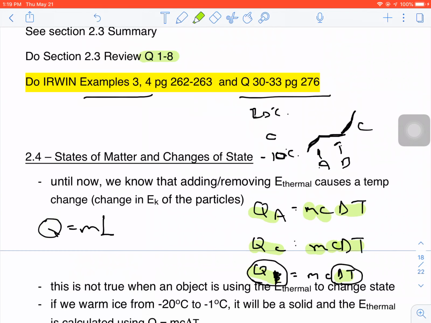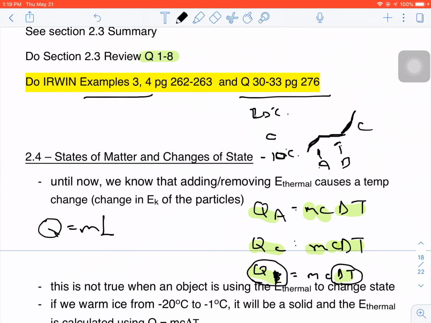So when this ice cube is melting and turning into liquid water here in region B, I can calculate the amount of heat by looking at this number here.